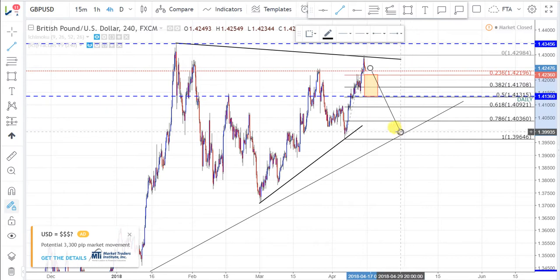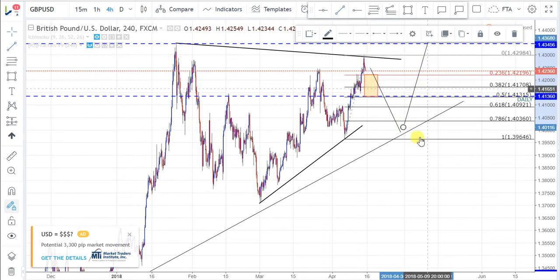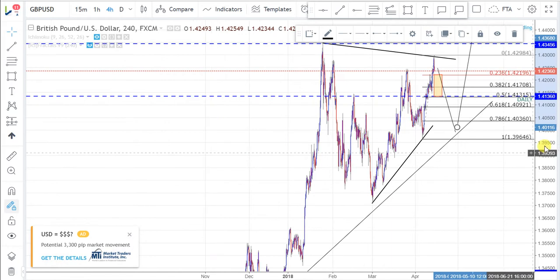We could drop down here and then go to new highs. So we're going to watch that potential opportunity as well.